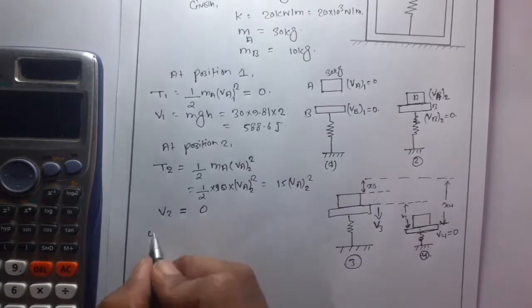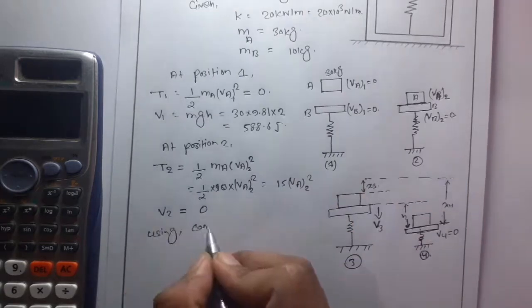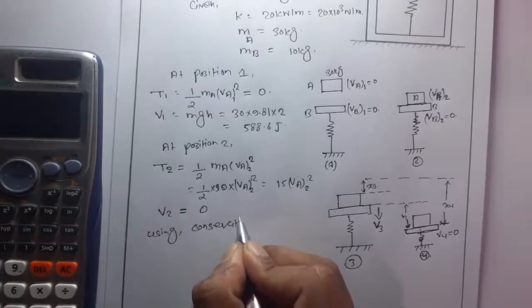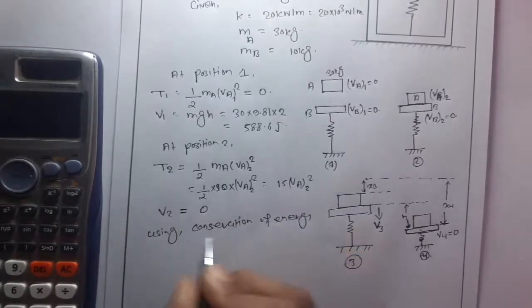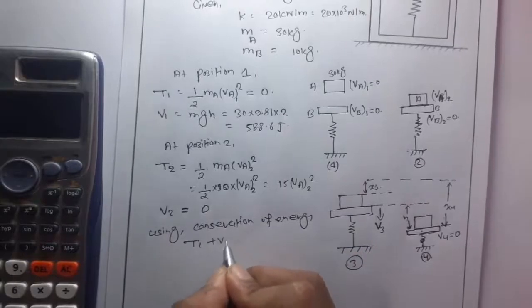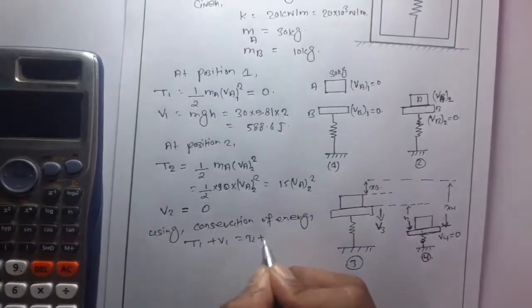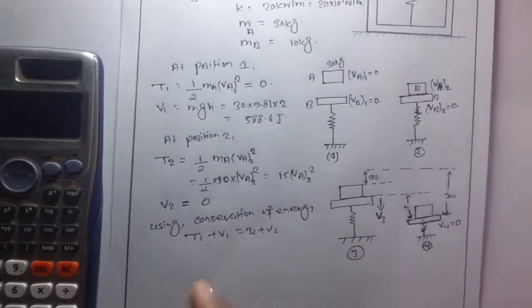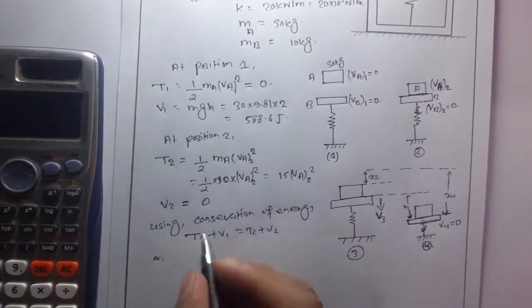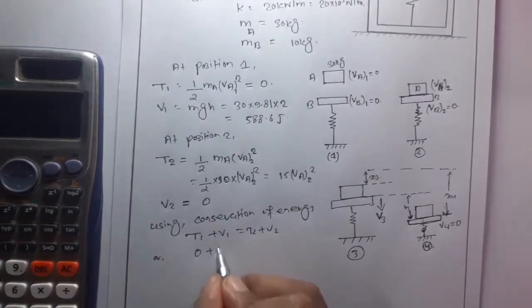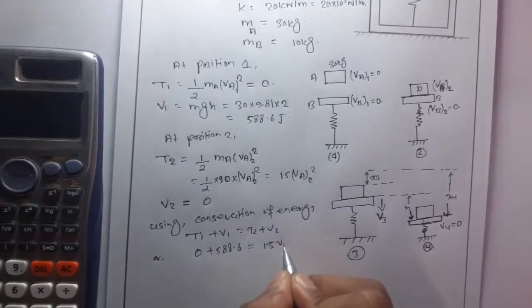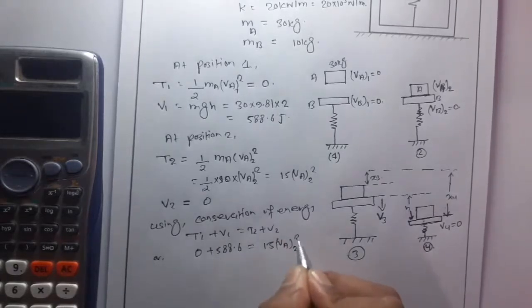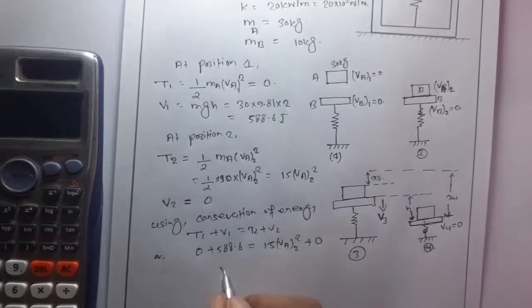So now using conservation of energy, T1 plus V1 is equal to T2 plus V2, or T1 is 0 plus 588.6 is equal to T2, which is 15 VA2 square, plus V2 is 0.